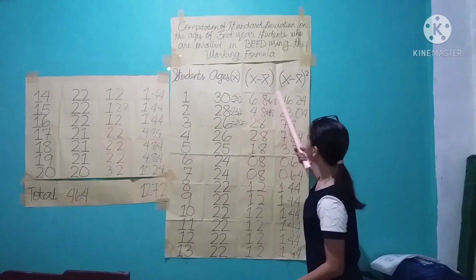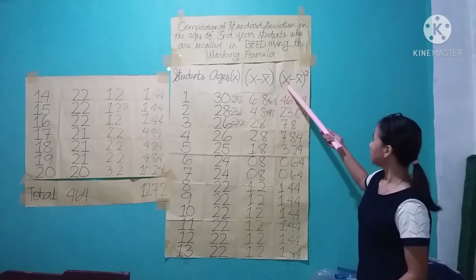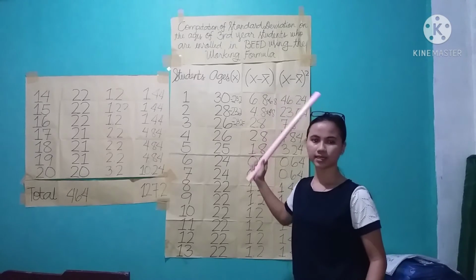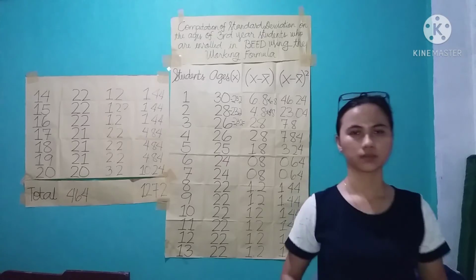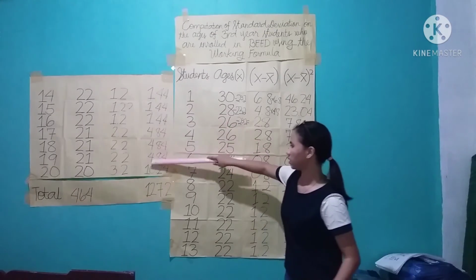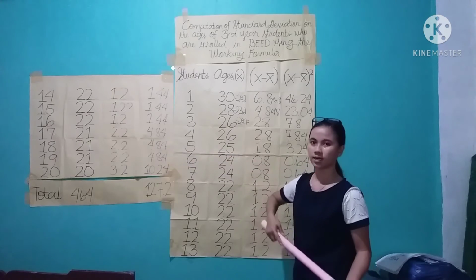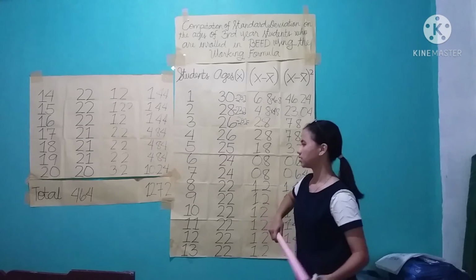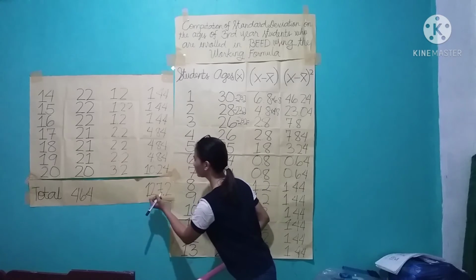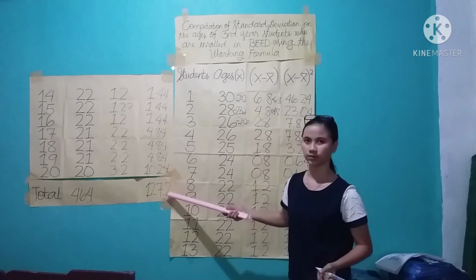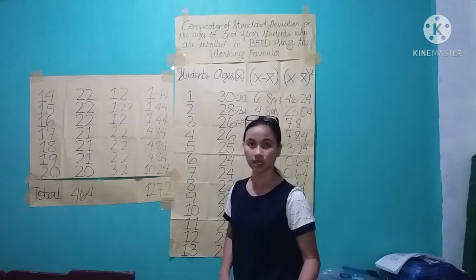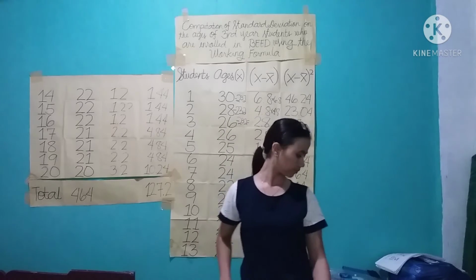That is the sum of the arithmetic mean minus score squared. Here is the total, 127.2. So let's proceed to the computation.